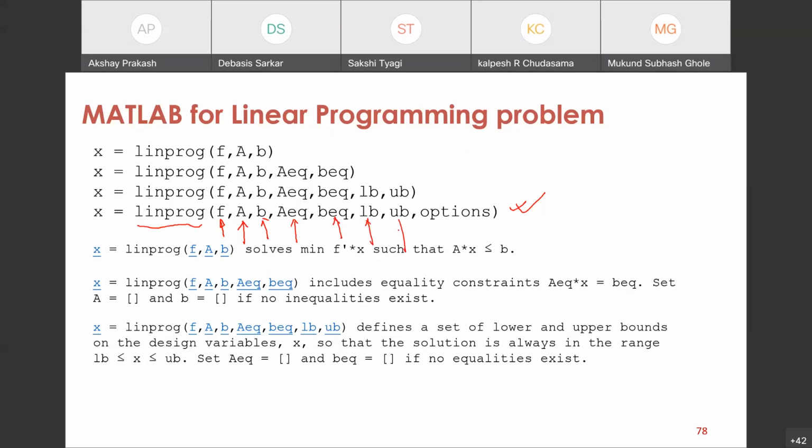LB is the lower bound and UB is the upper bound for the decision variables, and options, as we discussed yesterday, is a structure which you can use to change some of these different settings. And X contains the solution. That means values of x1, x2, x3, etc.